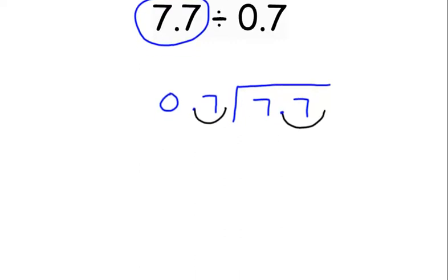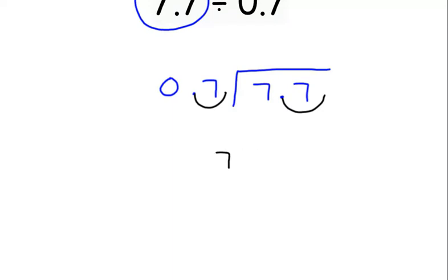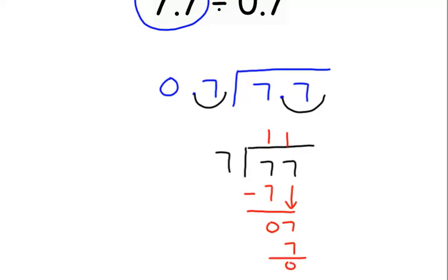And it's at this point that I highly recommend rewriting. So now I have 7 on the outside and 77 on the inside, okay? So 7 goes into 7 one time. 1 times 7 is 7. Subtract. Bring down the 7. 7 goes into 7 one time. Subtract, 0. Your answer is 11.